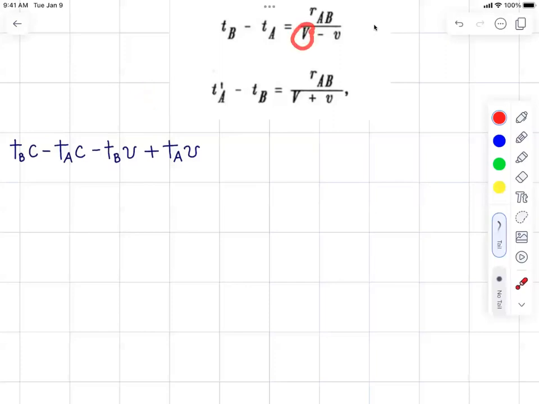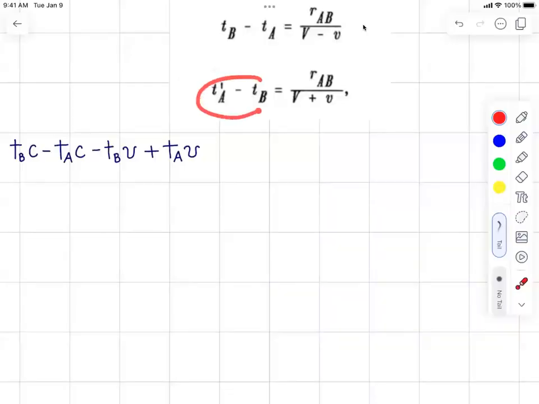So when you multiply this c by TB minus TA, you get TB times C minus TA times C. And similarly, when you multiply negative lowercase v times TB, you get negative TB times lowercase v. When you multiply negative v times negative TA, you get a positive TA times v.